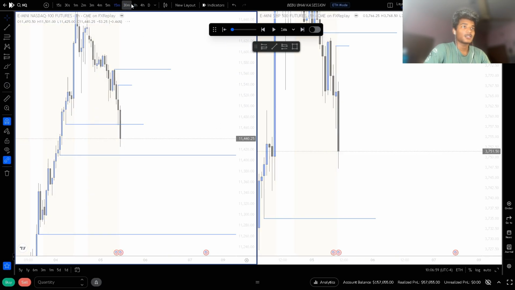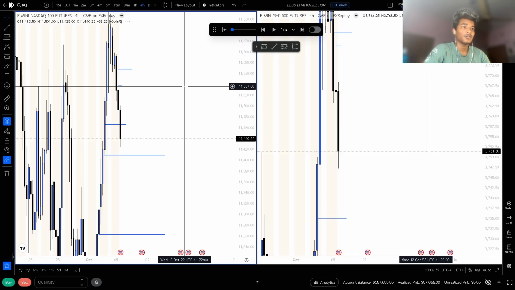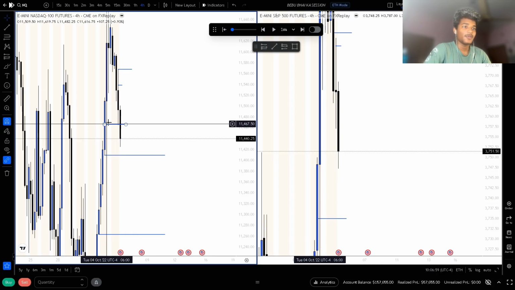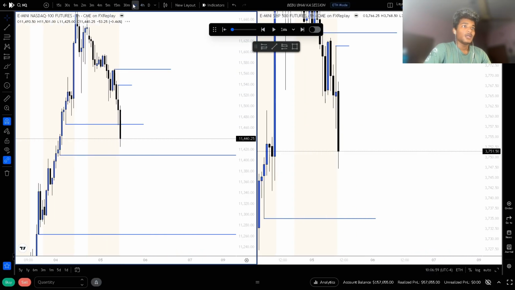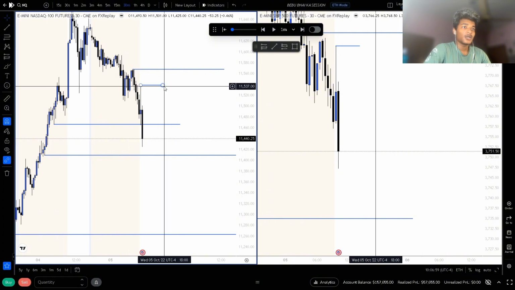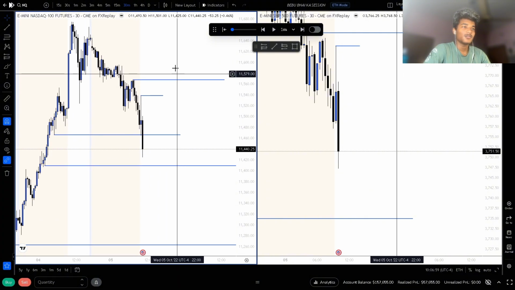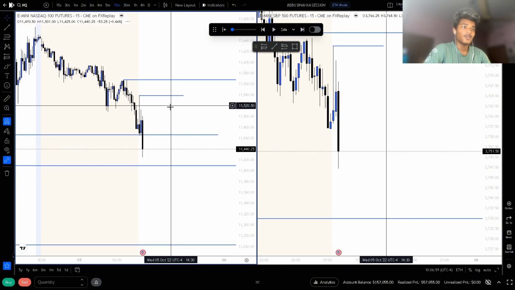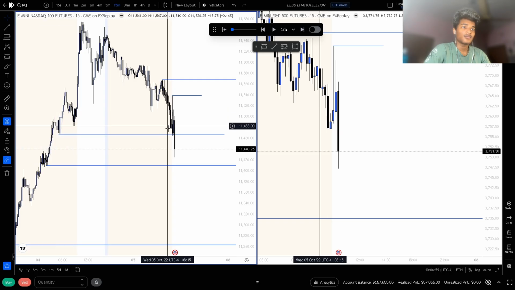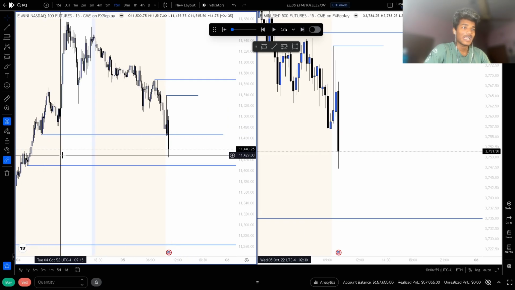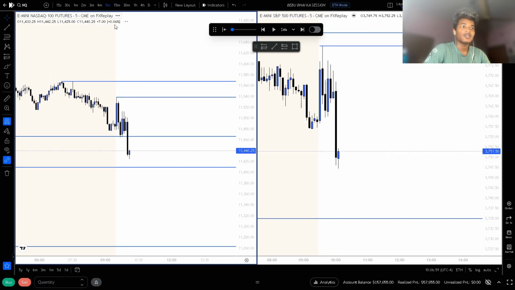I'm neutral, guys. On the 4 hour, we respected this gap very well, and the 30-minute is also looking pretty much bullish. On the 15-minute, we're inside this bunch of gaps, and the 5 minute.